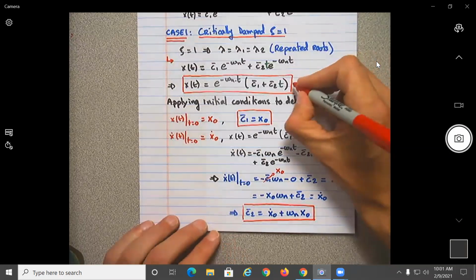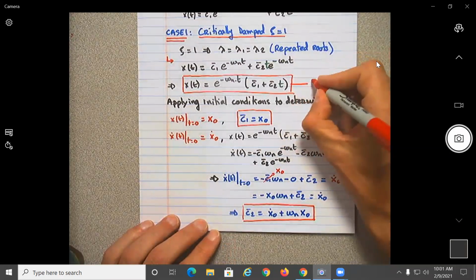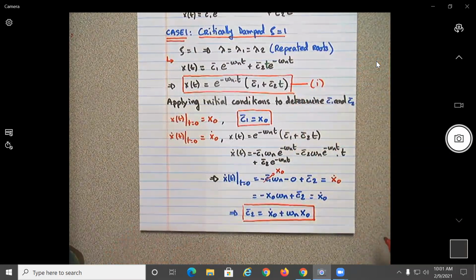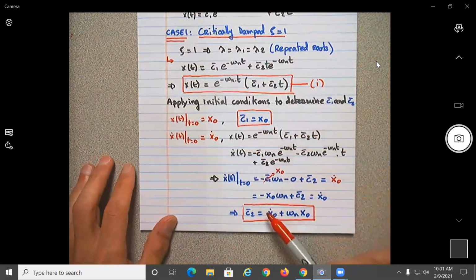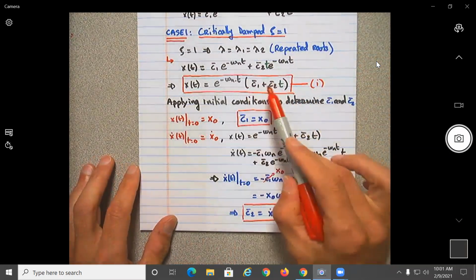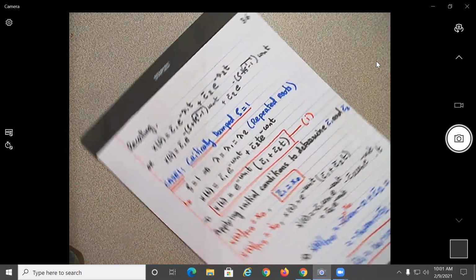All right, if you want, let me just call this equation here, I don't know, I or 1 in Latin. And now the only thing we need to do is substitute C1 and C2 into the solution, okay? And we get the expression.